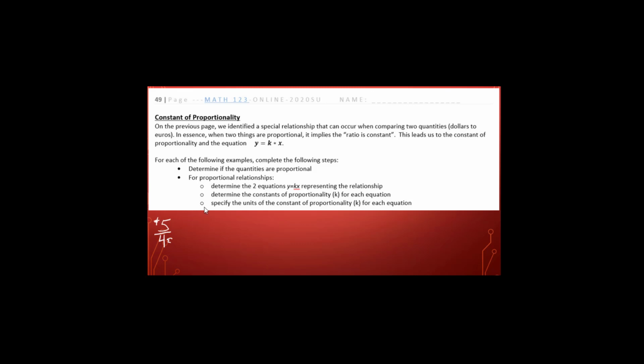So this is the one we just did, dollars to euros. $5 is the same as 4 euros. Now the rule of thumb is if you double one, what happens to the other one? And if it doubles, which in this case it does, then this is a proportional relationship.